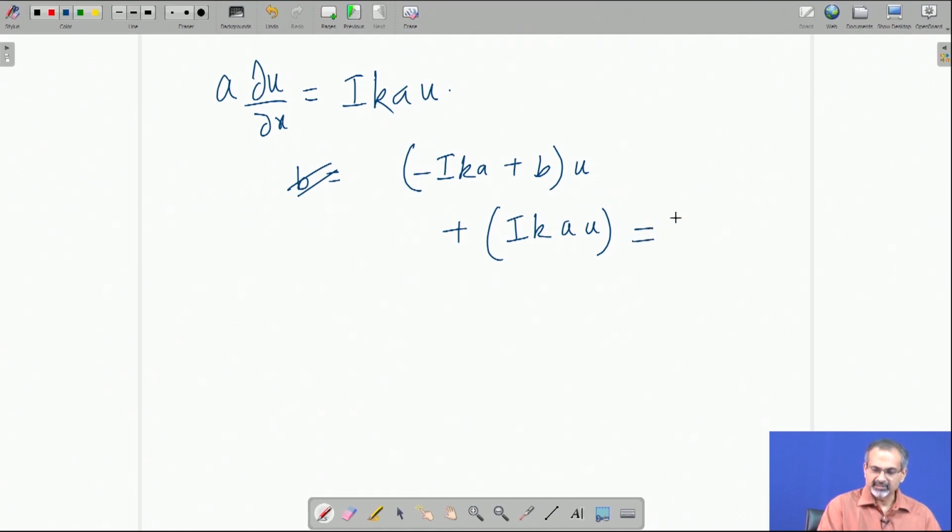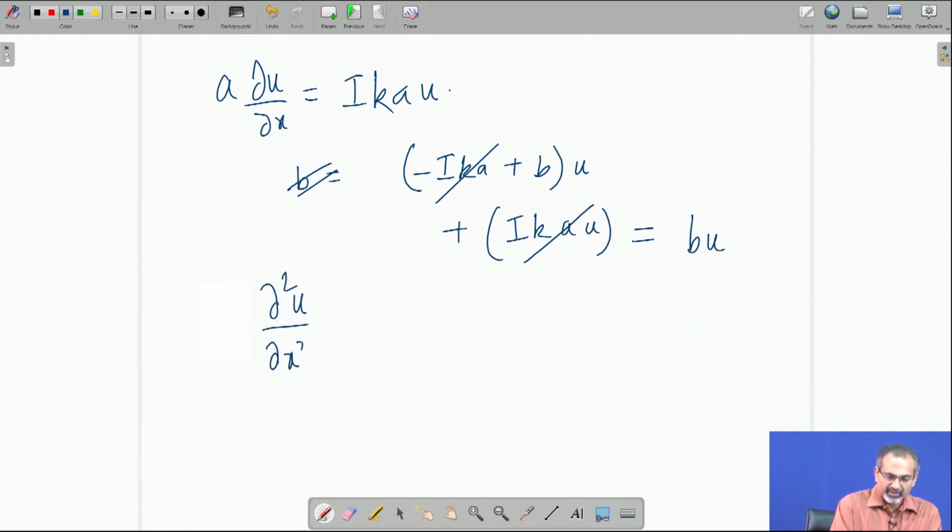If you check, this and this term will go away, and we are left with b times u. That is what we have from the left hand side. Now, we have to work out the right hand side.